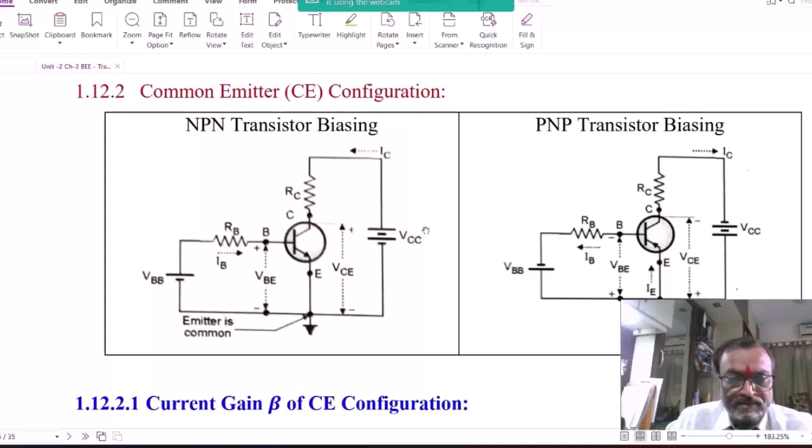Since the emitter is common between this input circuit and output collector circuit, that's why the configuration is called common emitter configuration.